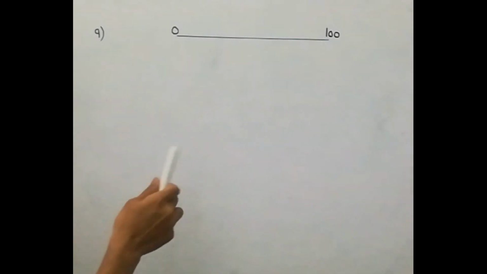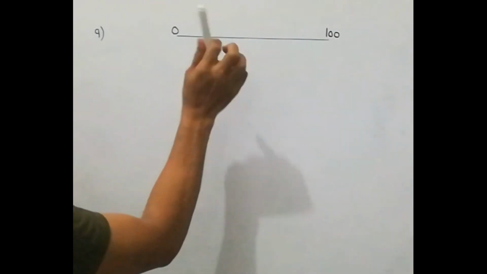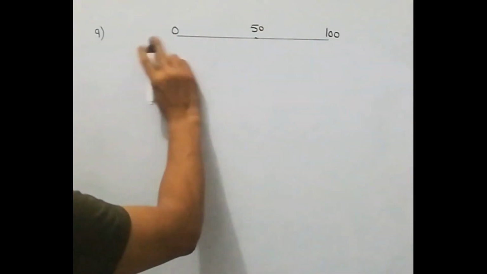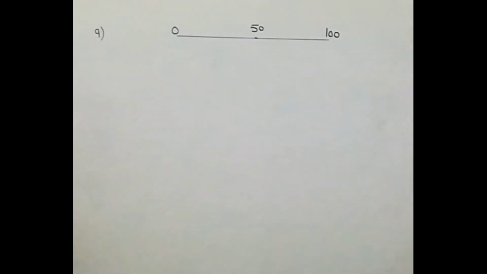And if this meter rule is not pivoted at its center, then the weight of the rule has to be shown at the center. So let's read the question and get it clear whether it is pivoted or not at the center.